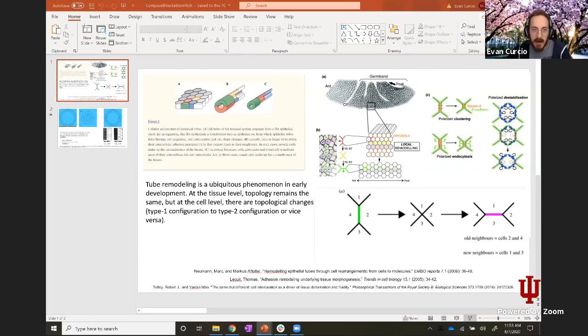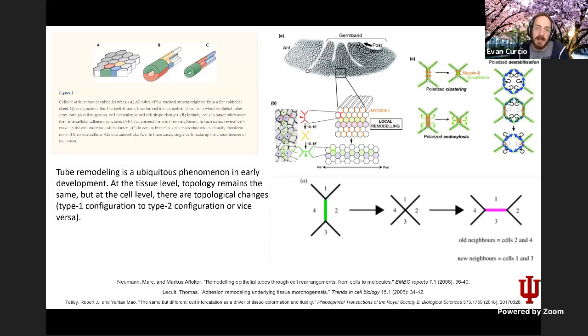Okay, my name's Evan. I'm a third-year PhD student at NC State University in the biomathematics program. For the most part, recently I've been interested in continuum mechanics modeling. So CompuCell is certainly a new foray into a different type of modeling.